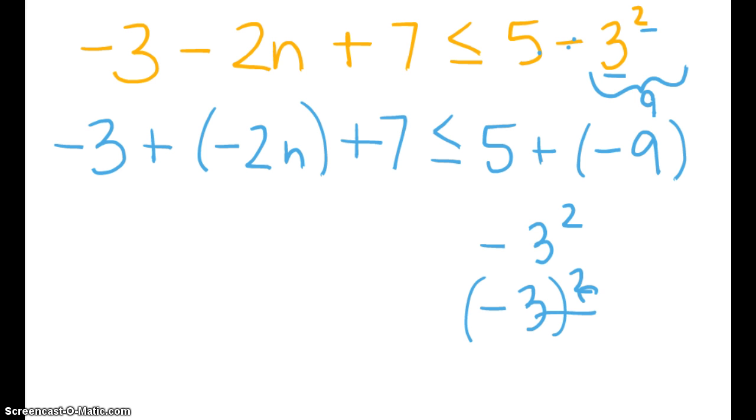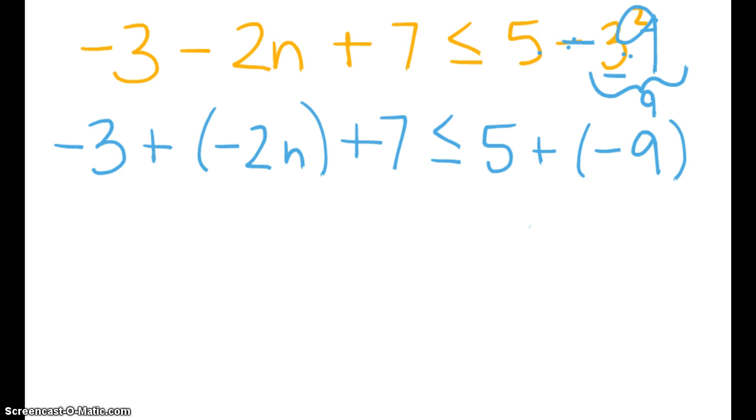This is positive 9. This is negative 9 because the negative is not being squared. So on these types of problems, be real careful with what it is that you're squaring. So what I would do if I were you is just go ahead and square at the beginning, and then this would change to minus 9, so you have plus negative 9.